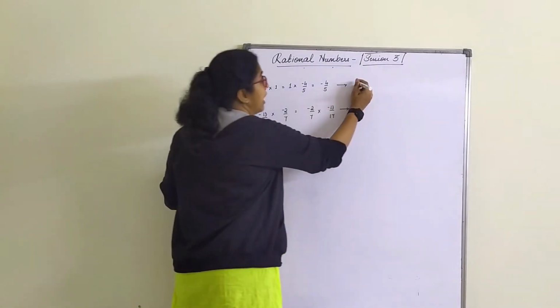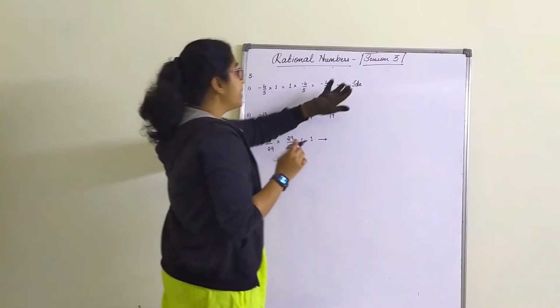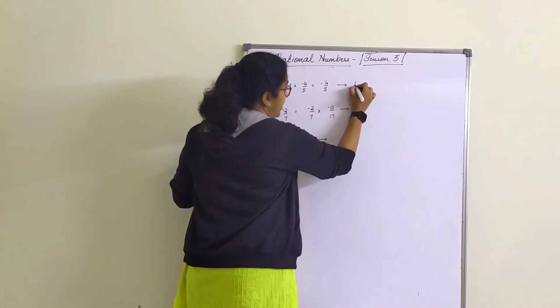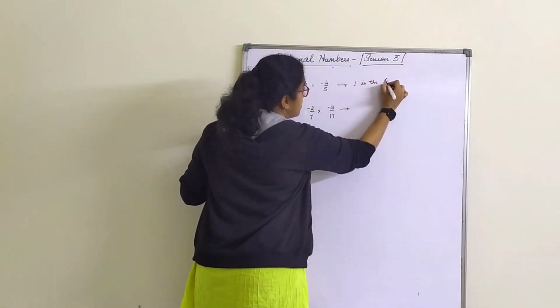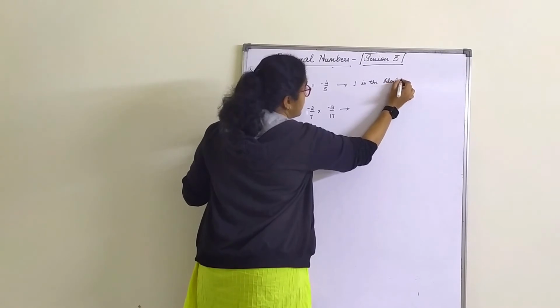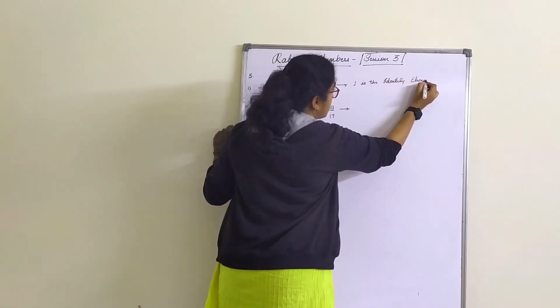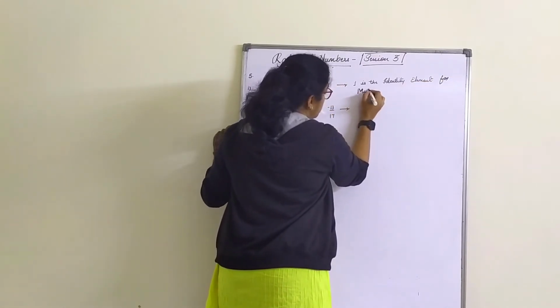This is the identity element, or you can say 1 is the identity element for multiplication. So I will write here, 1 is the identity element for multiplication.